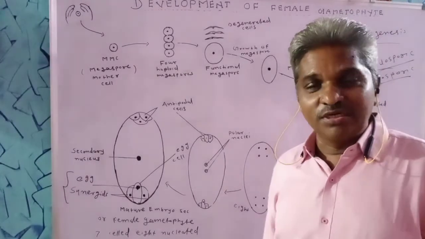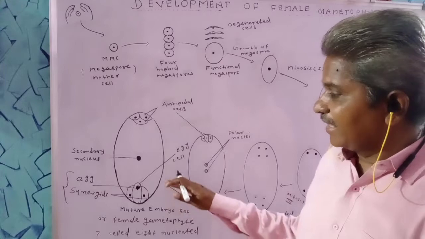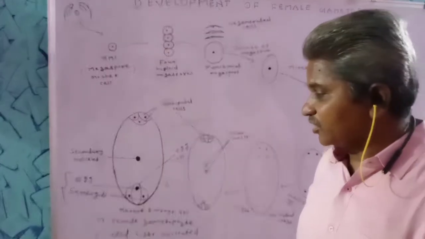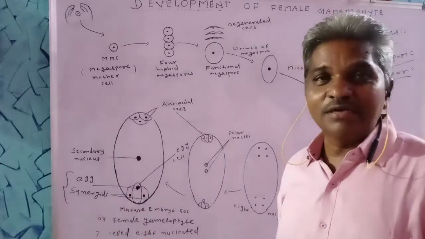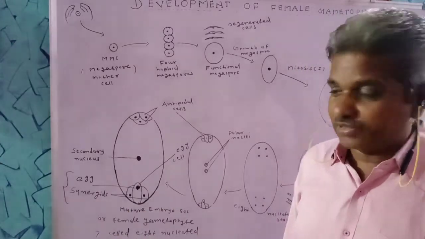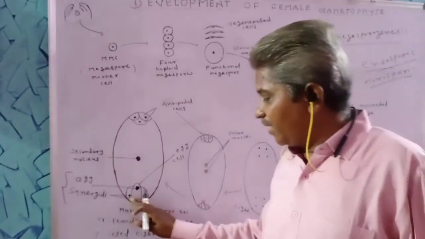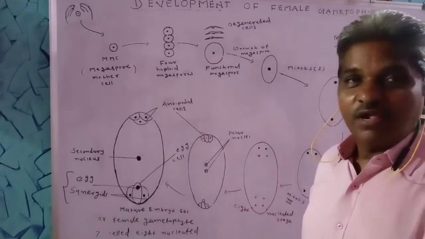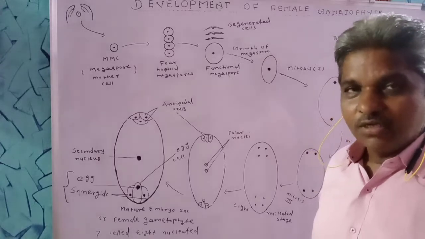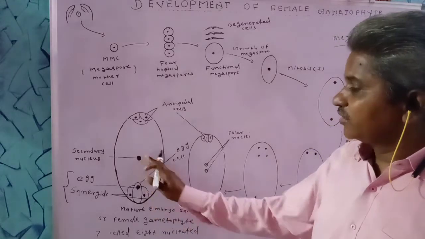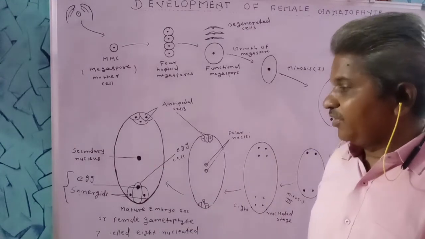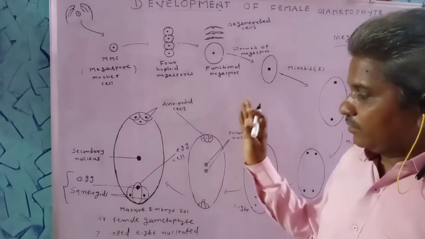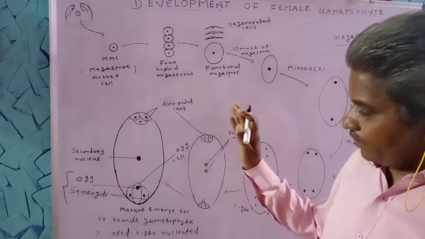Synergids show hair-like processes, which are nothing but the filiform apparatus. The filiform apparatus of the synergids helps to guide the pollen tube towards the egg.